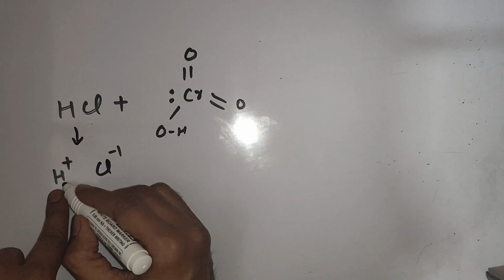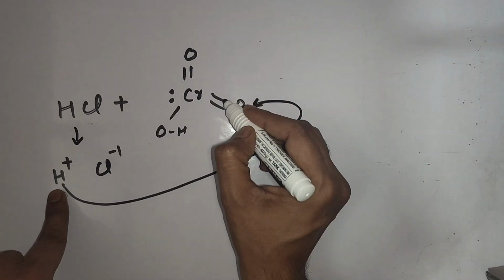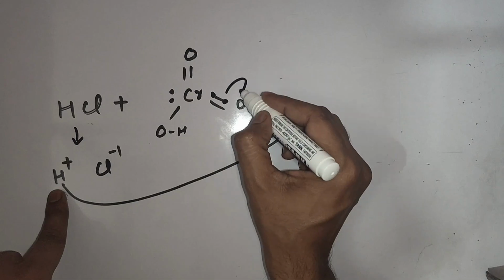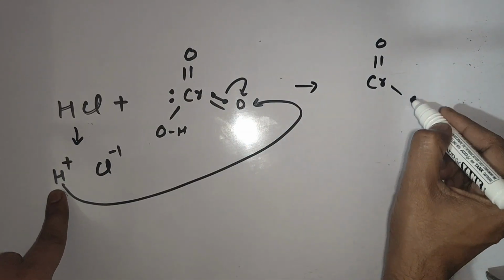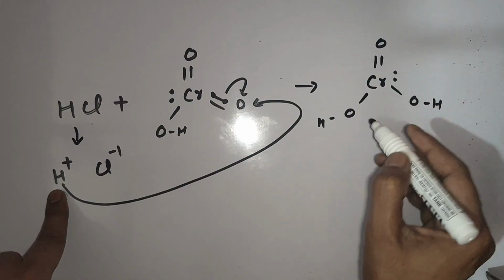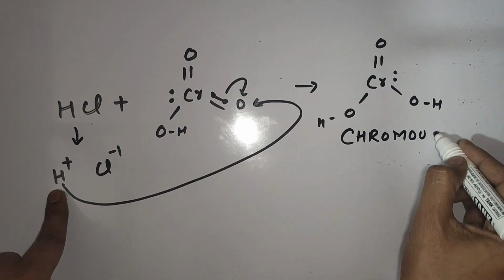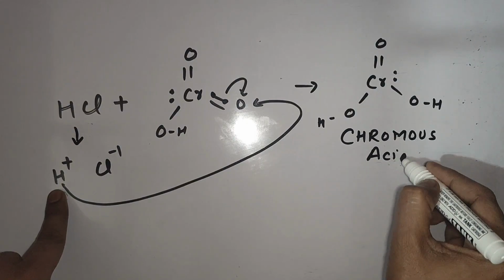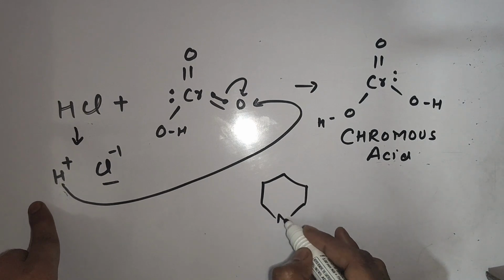H positive will start attacking on oxygen, and the pi bond will break. So our chromium will convert itself finally into this molecule. Chromous acid we call it. And the Cl negative, remember which ion we have?